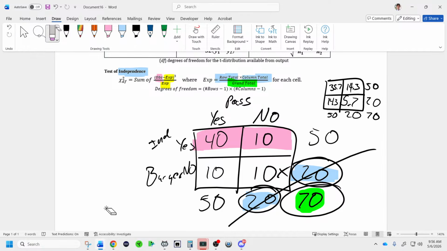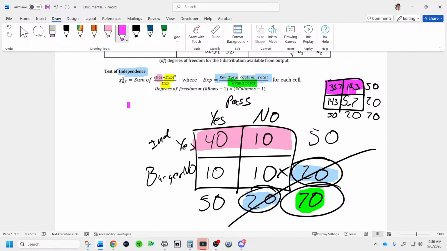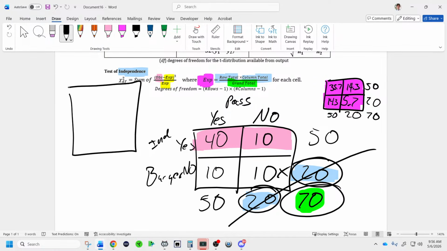After you get the expected counts, everything right here is an expected count, so let's highlight these. These are all the expecteds we found. Now you need to find the cell chi-squareds, which means you need to make another matrix. If you're doing this all by hand, it takes a while. Within this matrix, do observed minus expected, squared, over expected.